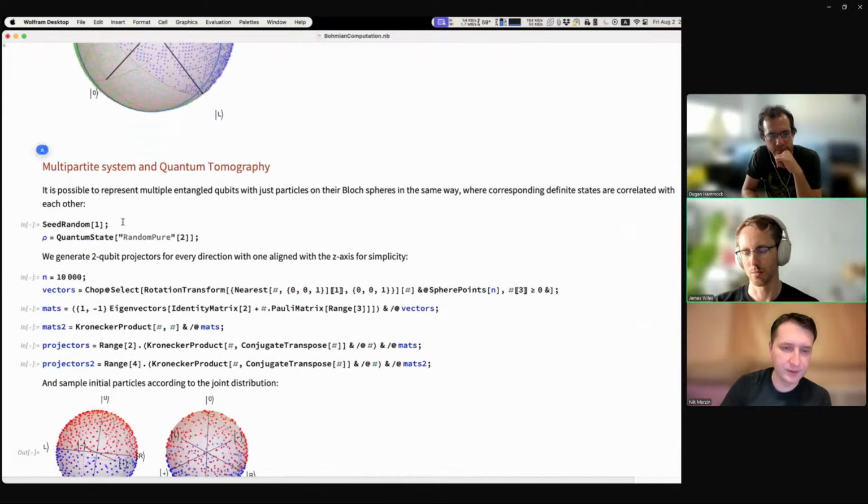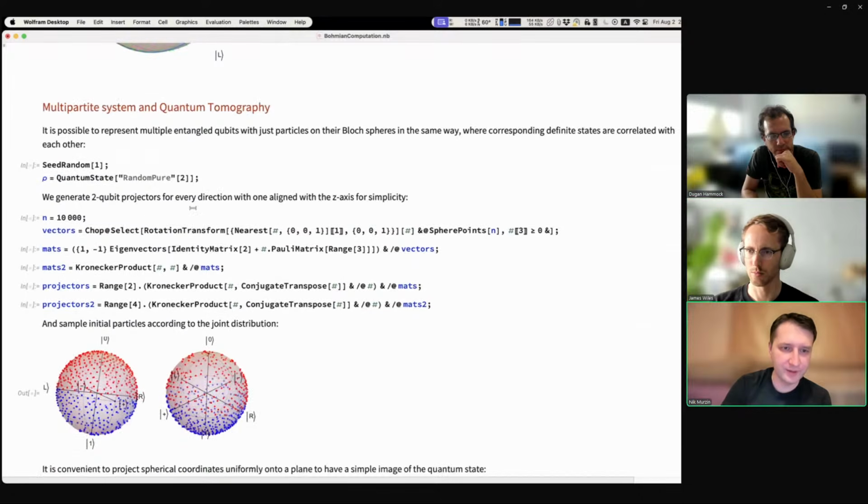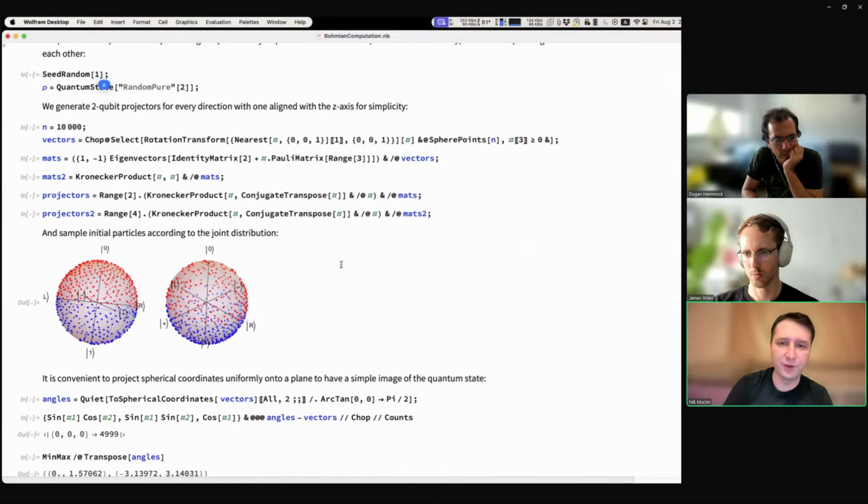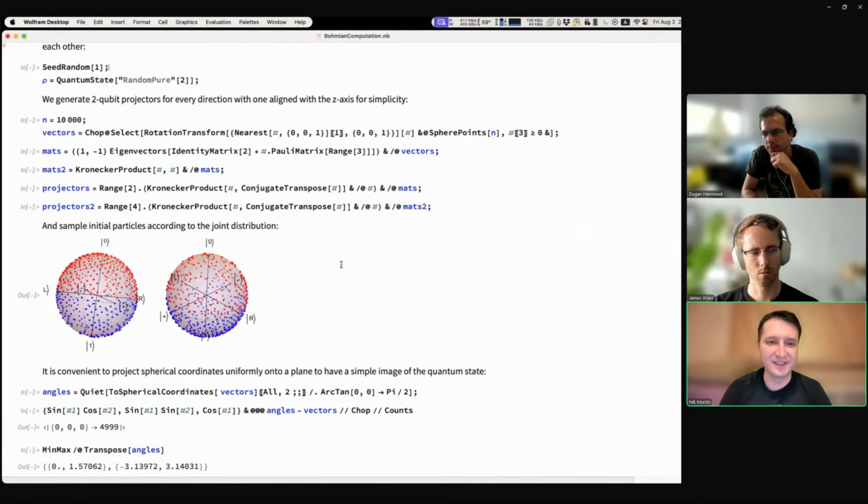Okay. So if you have multiple particles, you essentially can encode them also in a similar manner. For example, this is like an arbitrary entangled state, and you can still sample all those points along every direction of the Bloch sphere, and you can encode an arbitrary entangled state also as this ensemble of particles, just binary particle states, right?